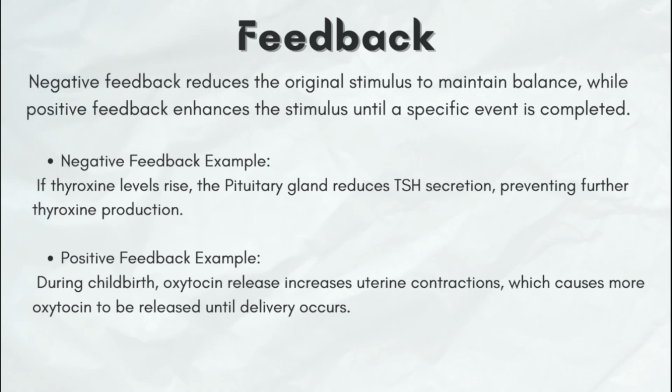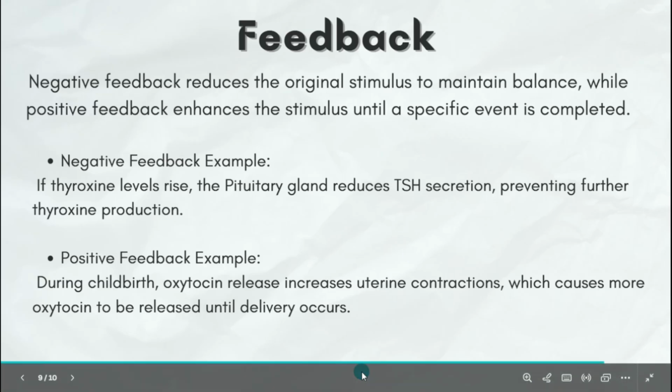So if we're looking at an example, negative and positive feedback. Negative feedback, we're reducing the original stimulus to maintain balance, while positive feedback is enhancing the stimulus until a specific event is completed.